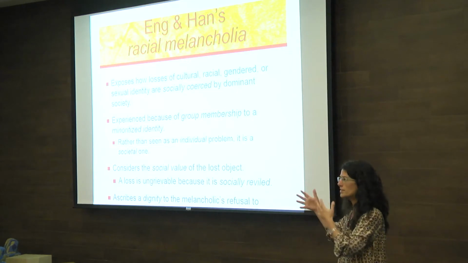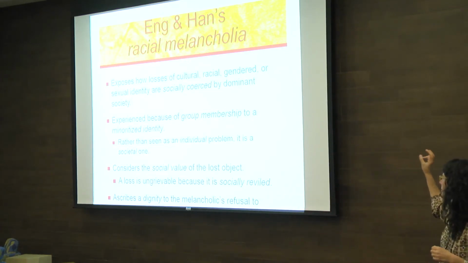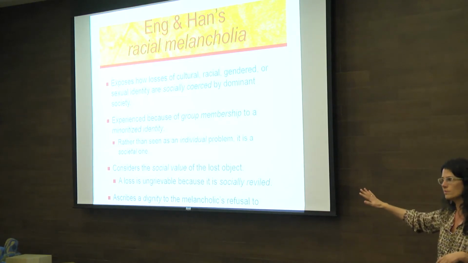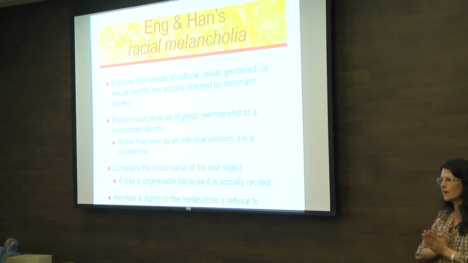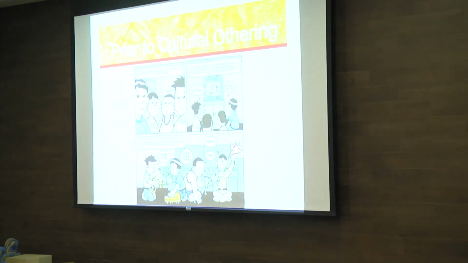And so this is one example that they offer. And in their theory, they actually ascribe a dignity to the melancholic's refusal to mourn. Rather than see it as a pathological problem, they think of it as dignified, which is quite beautiful in a poignant way.